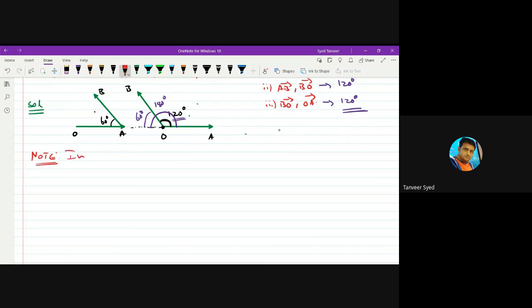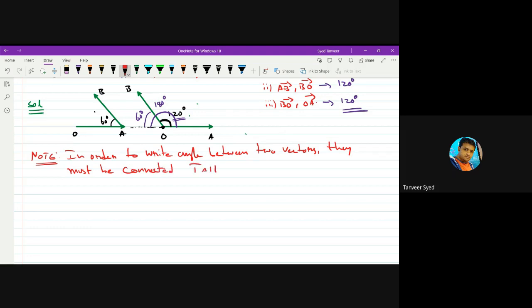In order to write angle between two vectors, they must be connected tail to tail.